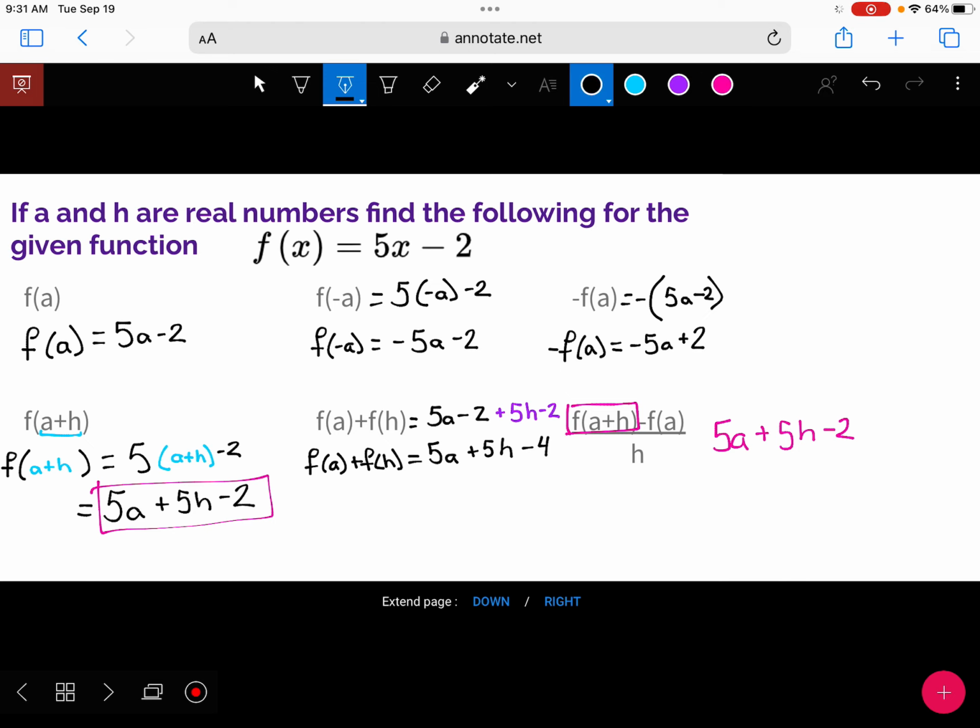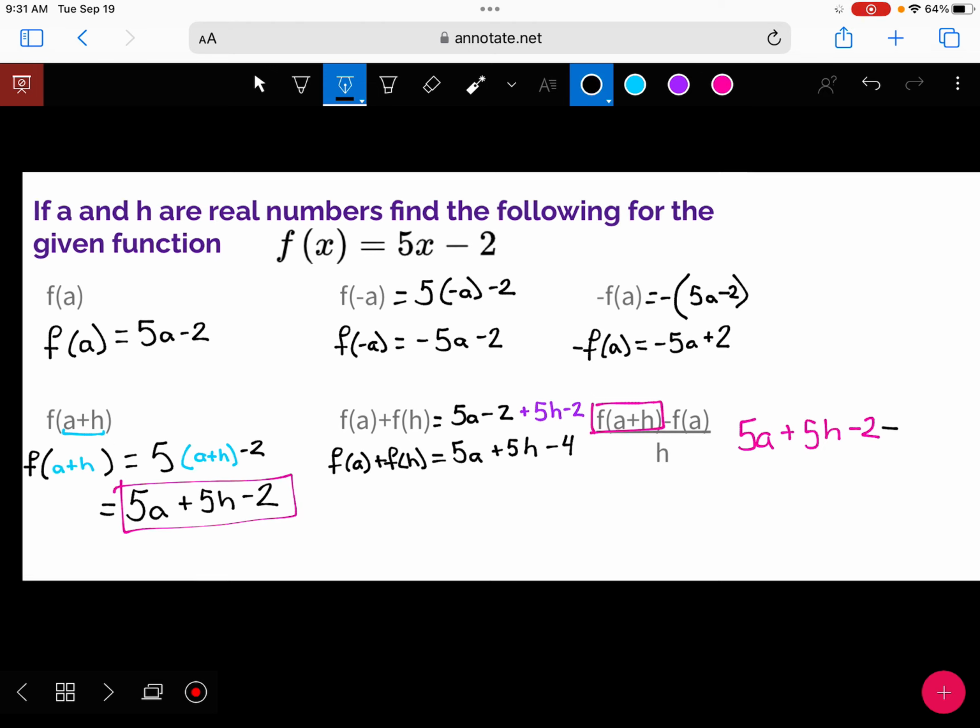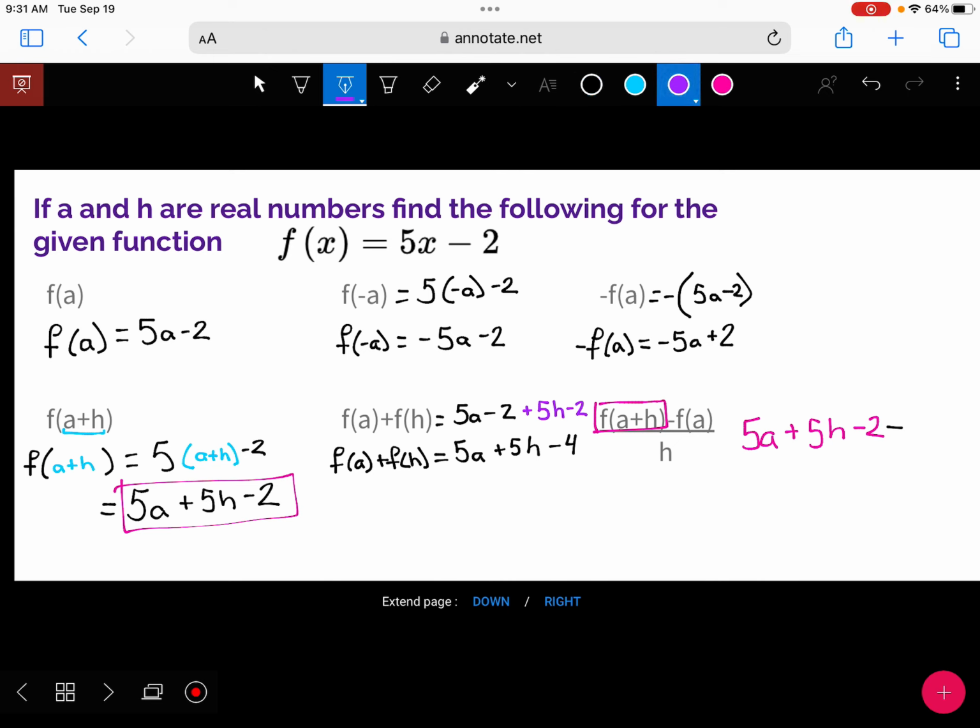Then we're going to subtract f of a, which is this guy, and it's all over h, which is just h.